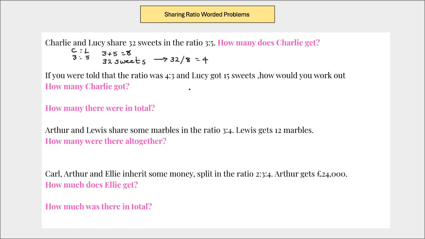So now you know what to do. Look at my previous videos. So now we multiply both of these numbers by 4. So we're going to times them by 4. 4 times 3 is 12. And 4 times 5 is 20.